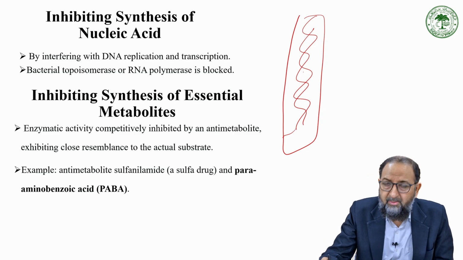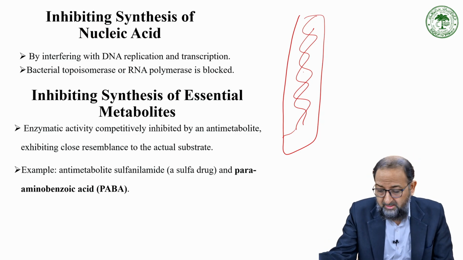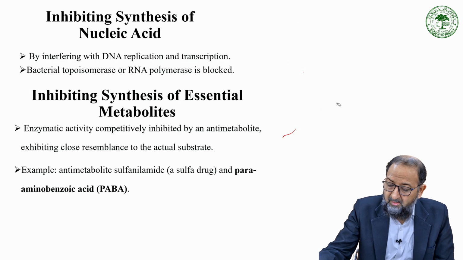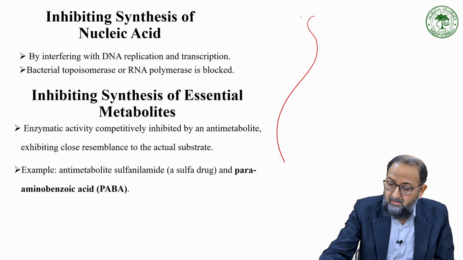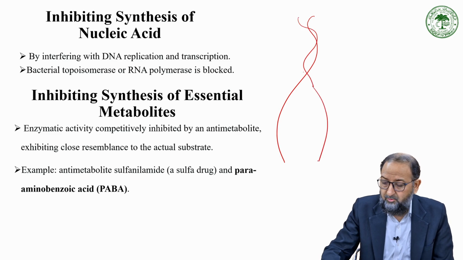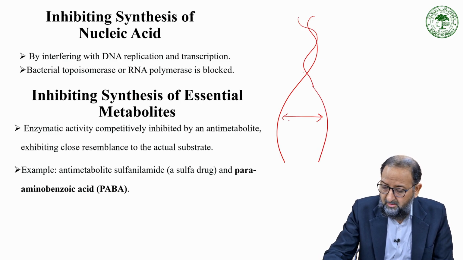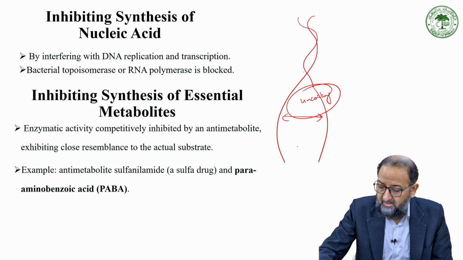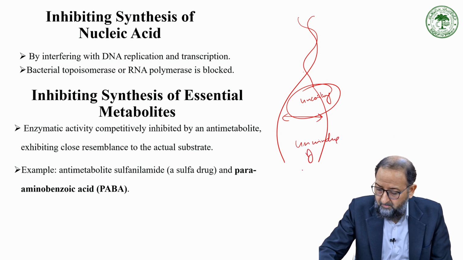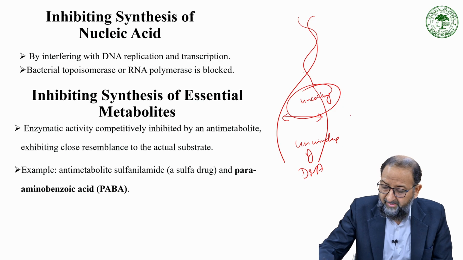So to get the replication process or later the transcription process, what is important is that the DNA should be like this. So this is called uncoiling, or unwinding of DNA.